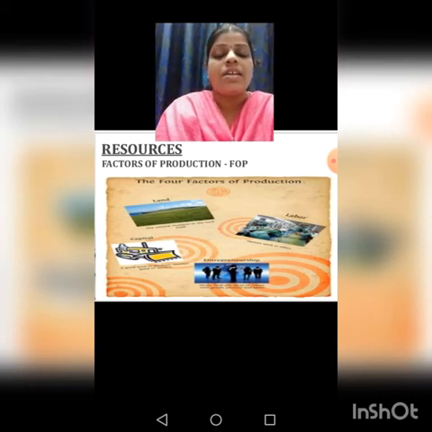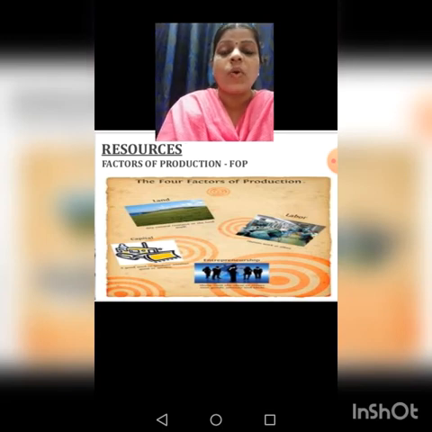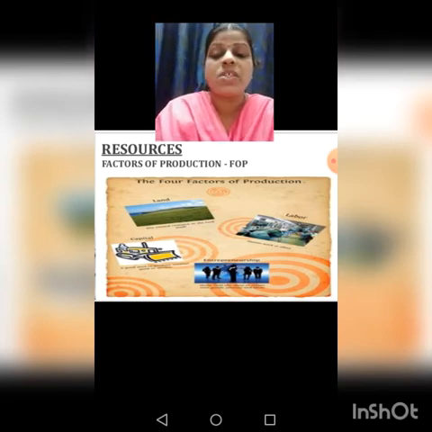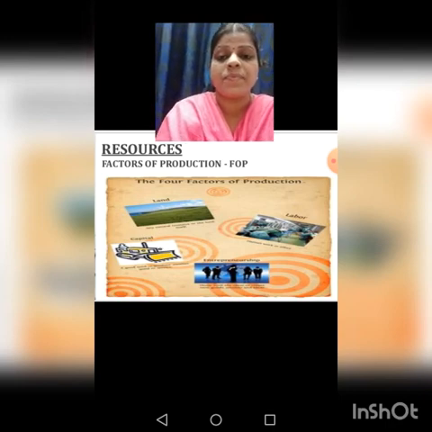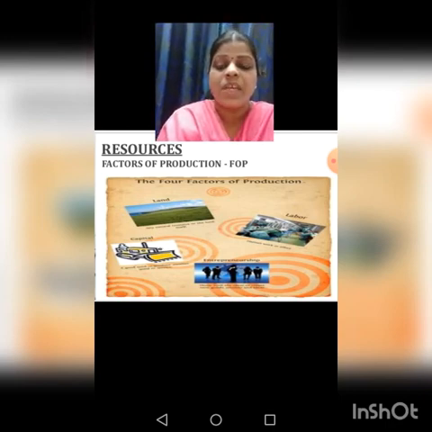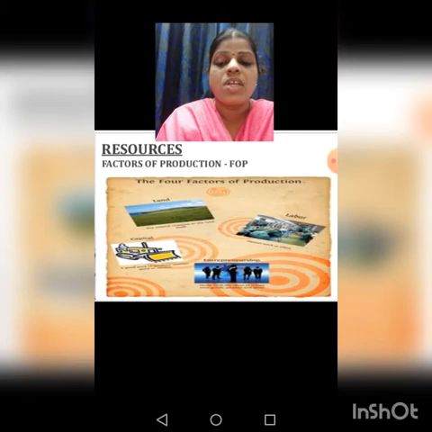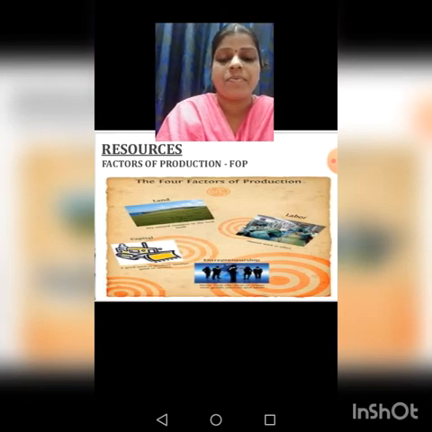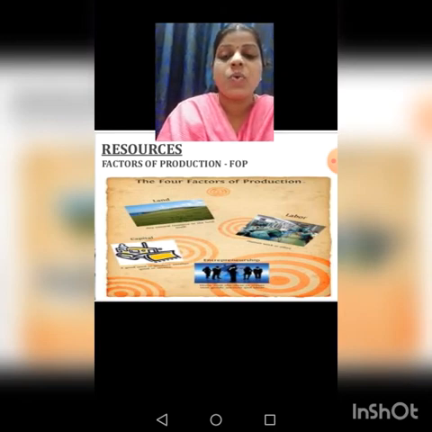And the next factor is entrepreneurship. Who is this entrepreneur? For this land, labor and capital, the entrepreneur is required to do such processes. Because who will do such tasks? This production process is done by the entrepreneurs.